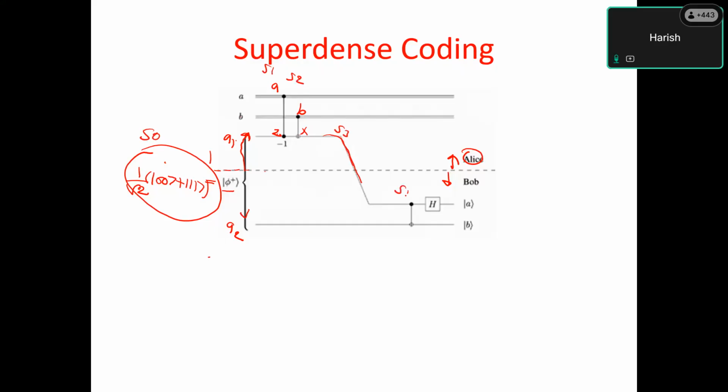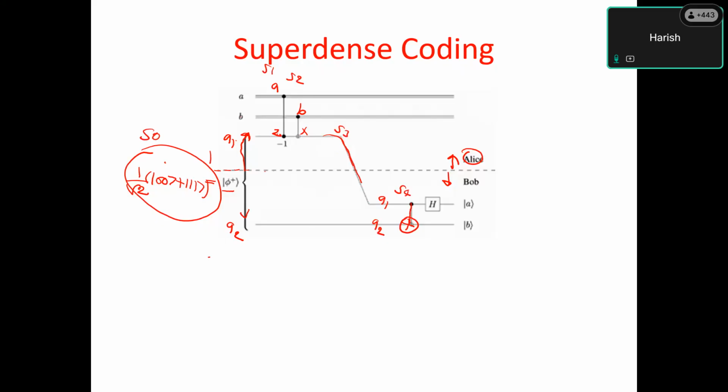Step 4 is applying a control NOT gate from Q1 to Q2. Now this Q1 is sent to Bob. So Bob is in possession of both Q1 and Q2, which were earlier part of this Bell state, but Q1 has been modified.